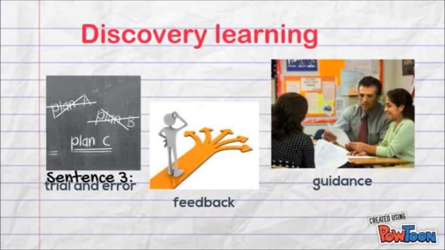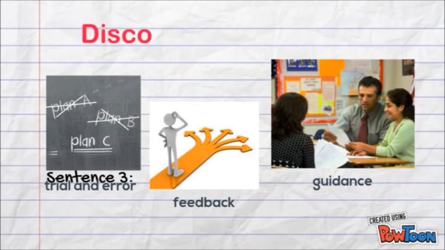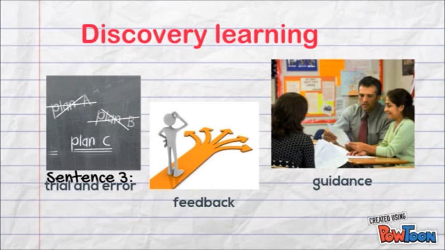As it is inductive, the learner makes many mistakes. So that's why trial and error is a factor. Also feedback. He can get feedback from classmates, the professor, books, and so on. And of course, the learner needs a guide, in this case the professor, who will give support and feedback.